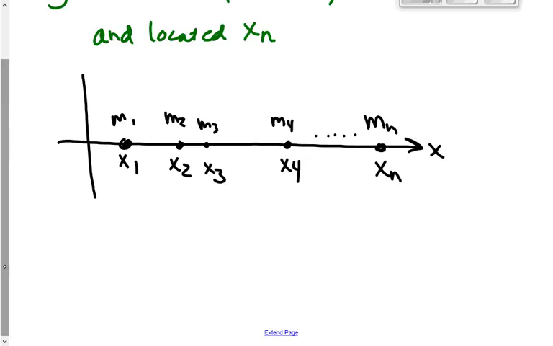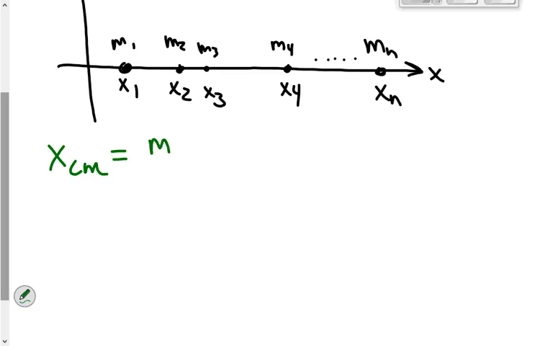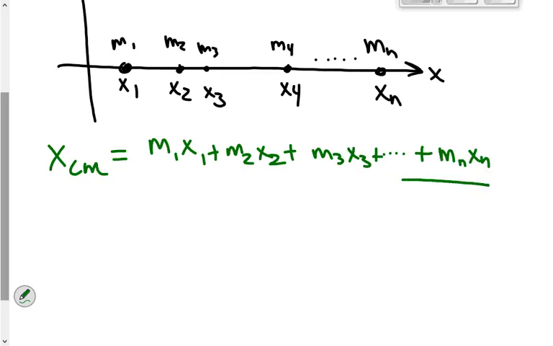So if I have all of that, then I can say that the x-coordinate of the center of mass is going to be m1x1 plus m2x2 plus m3x3, adding them all up until I get to mnxn.